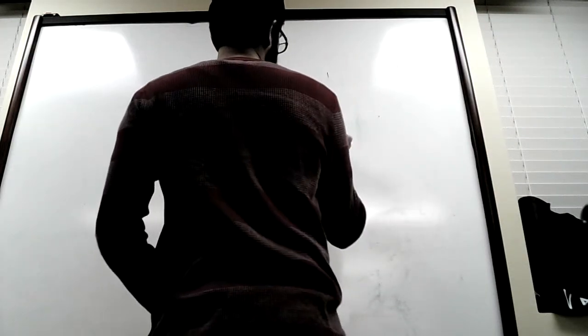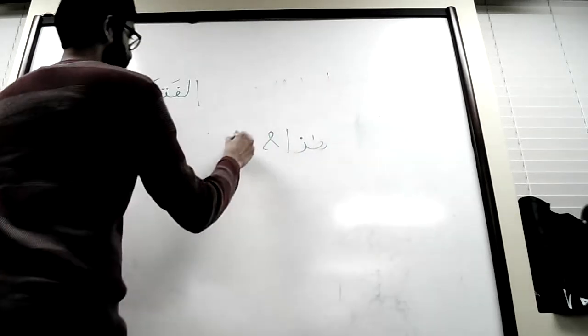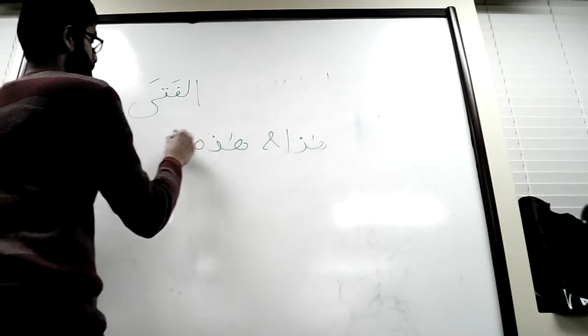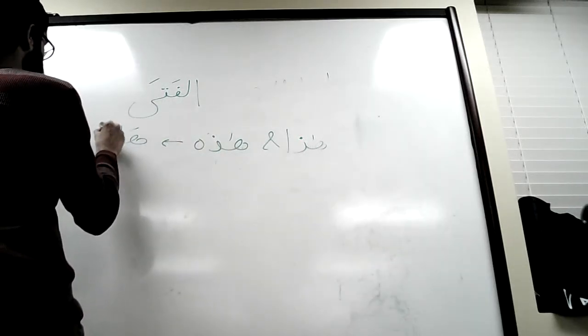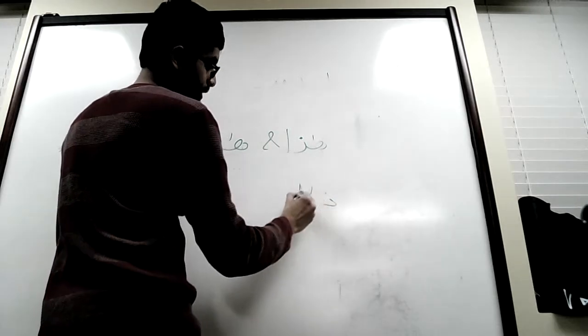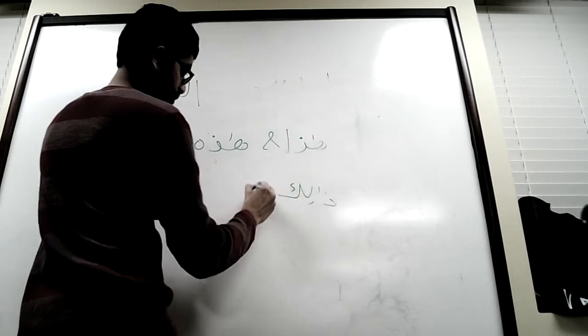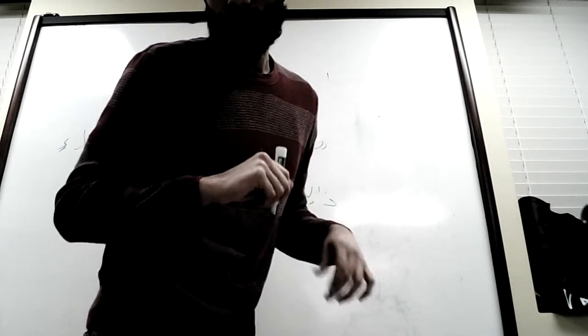So we said the plural for هذا and هذه is هؤلاء, right? هؤلاء. And then the plural for ذلك and تلك is أولئك. Okay.